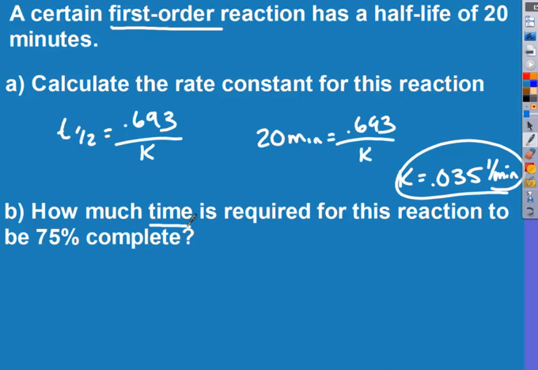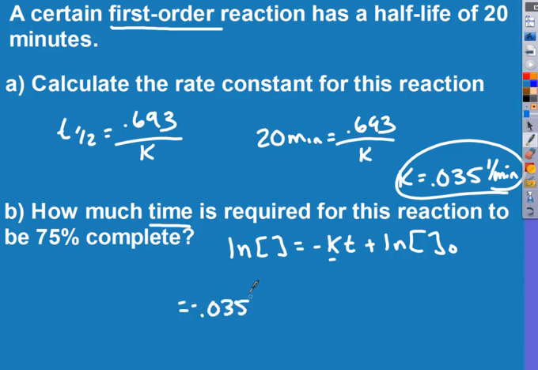Remember, time and concentration is integrated rate law, and since it's first order, we're going to plug in our values into the integrated first order reaction. So we know what our k value is because we just solved for it. Our time is what we're looking for.